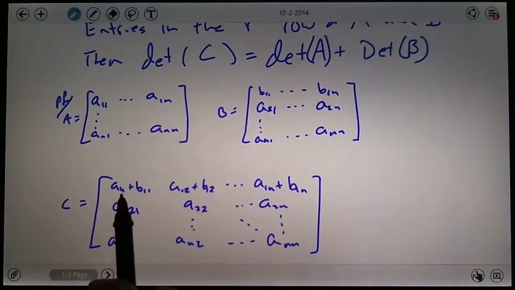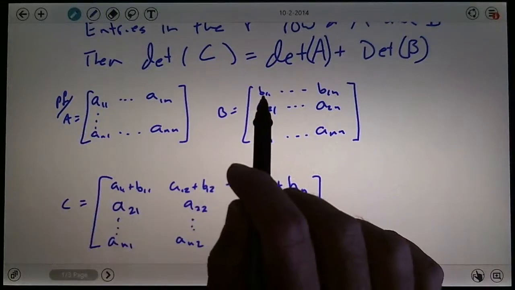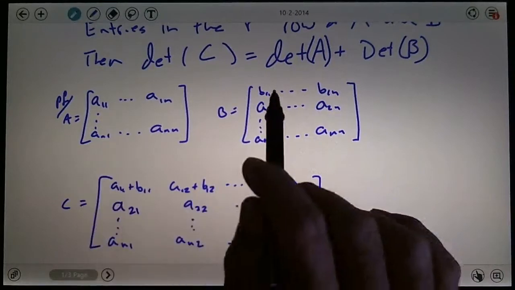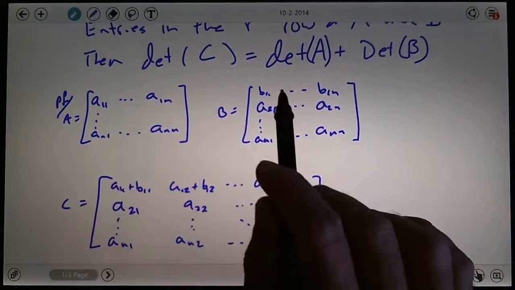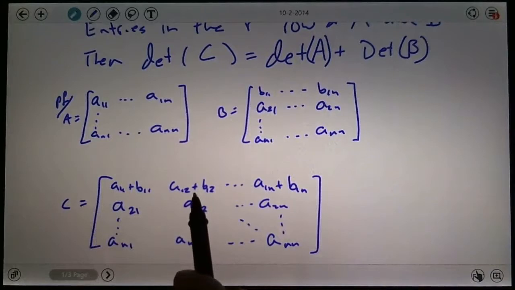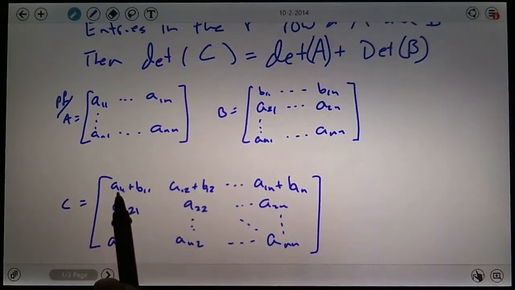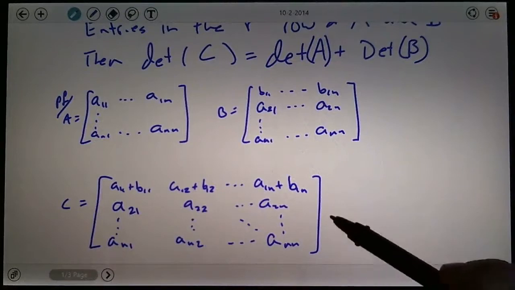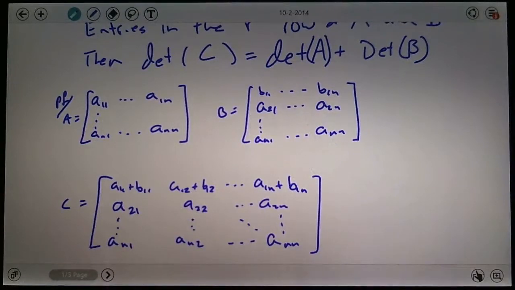But the entry in the first column of the first row is the sum of the entries in the first row, first column of A and B. And then in the second column, first row, second column, add them up. So the entries in the first row of C are the sum of the corresponding entries in the first rows of A and B. And we could do this on any row, but I'm just choosing to do it in the first row.